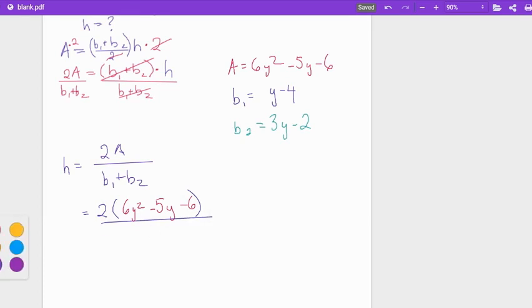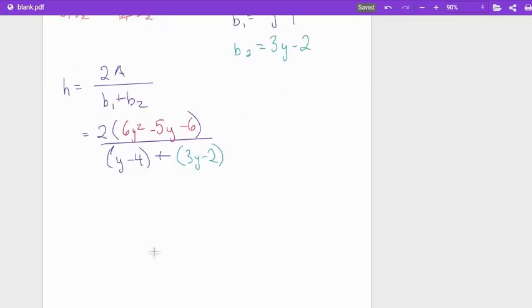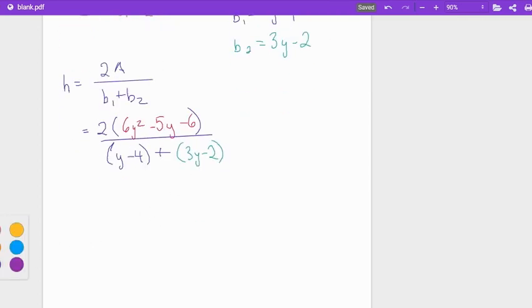I just wanted to show you all the steps here, but feel free to go a bit faster. So I have y minus 4 plus 3y minus 2. And when we're adding polynomials, I don't need to worry about distributing a negative like if I were subtracting.